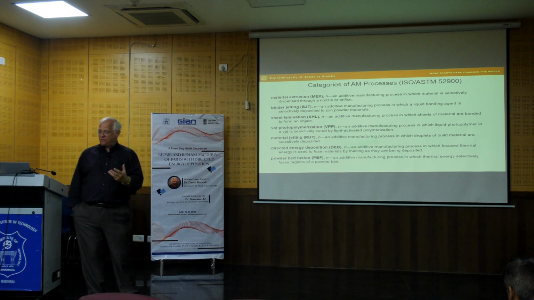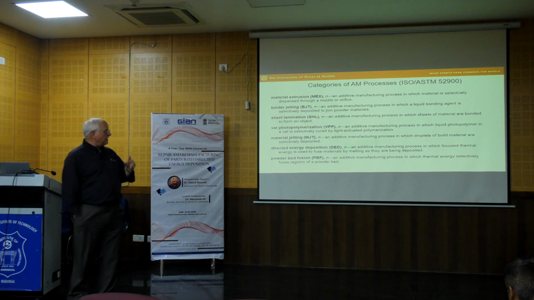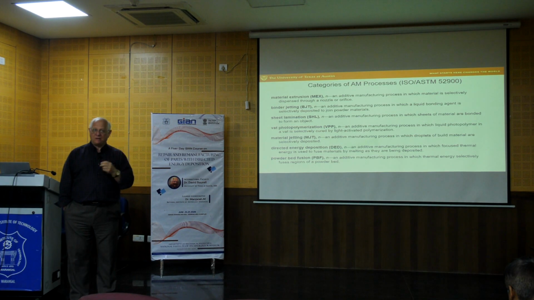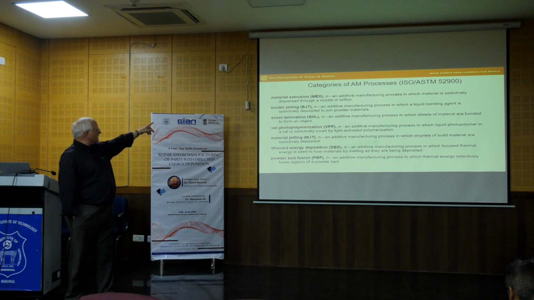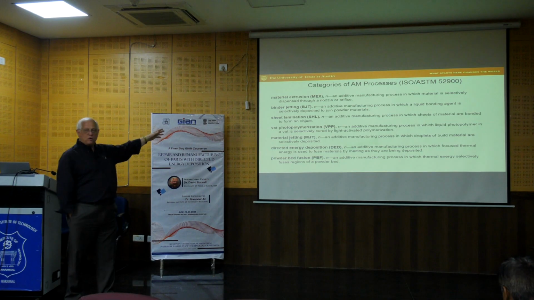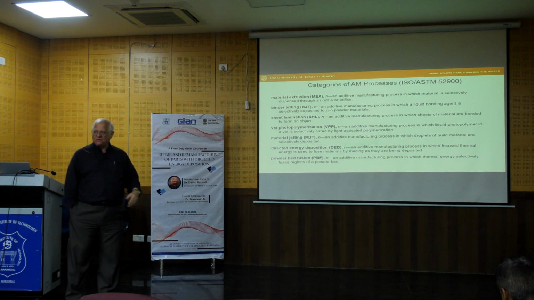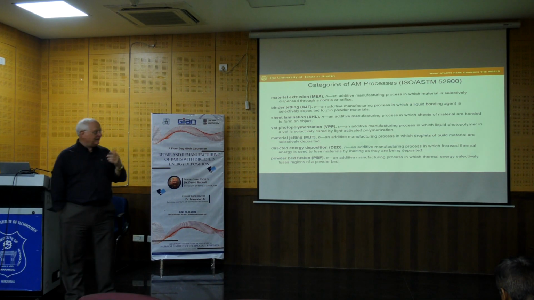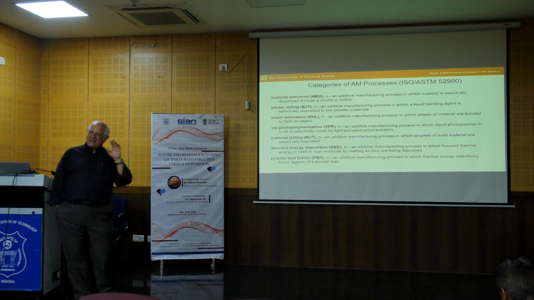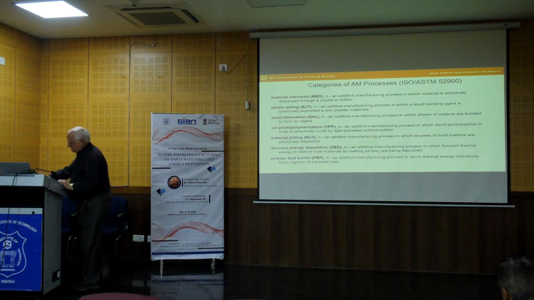So the feedstock form is one way that we distinguish these. The other way is the binding mechanism. So are we using extrusion? Are we using a binder? Are we using photopolymerization? Are we using directed energy or a fusion approach with the powder bed? So the binding mechanism and the feedstock are typically the distinguishing features of this.